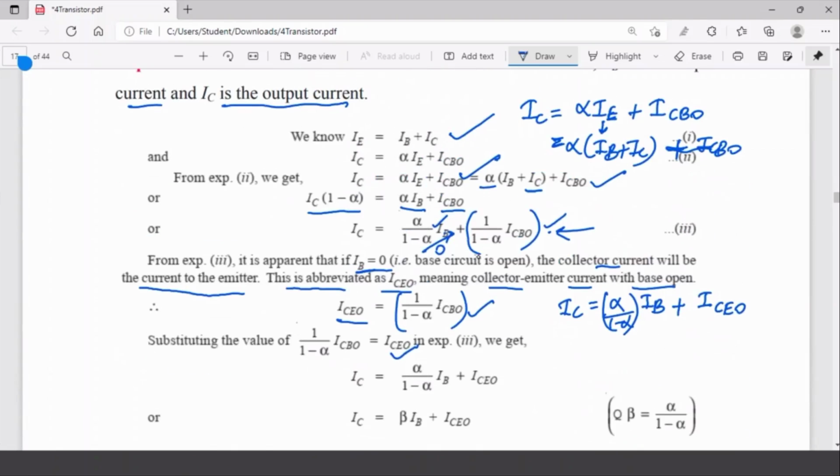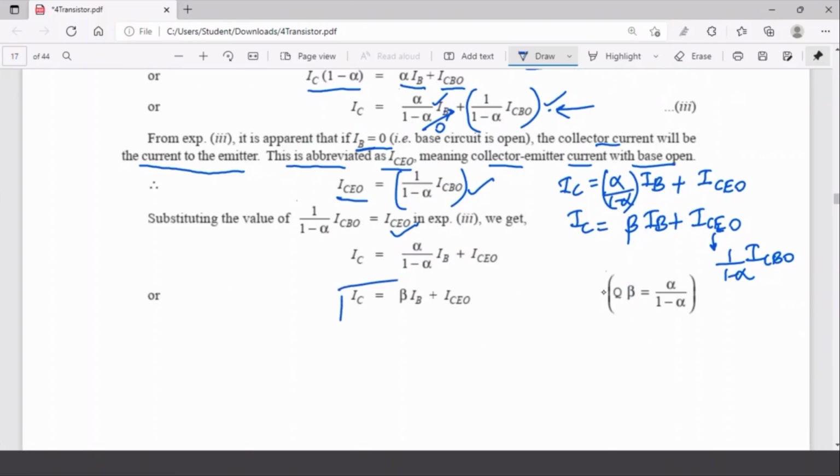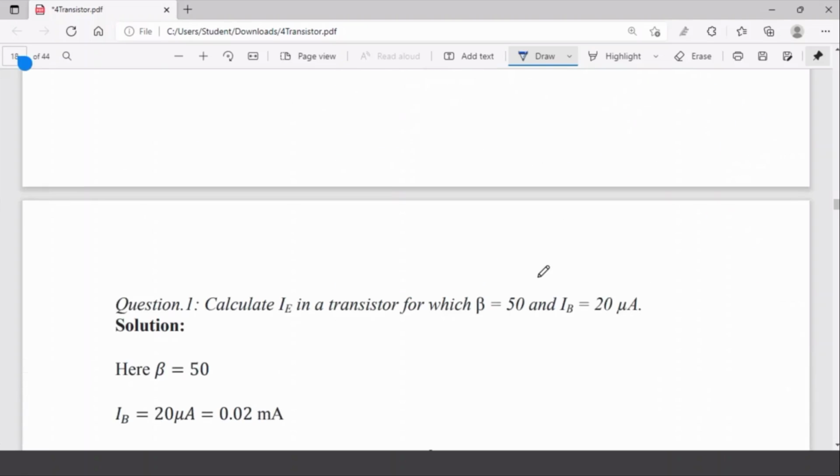So I can write IC is equal to beta times IB plus ICEO. What is this ICEO? ICEO is the collector to emitter current with base open, and its value is equal to 1 upon 1 minus alpha into ICBO, which is the collector to base reverse leakage current with base open, right? So this is my final representation of IC: IC is equal to beta times IB plus ICEO. I hope this is clear to all.